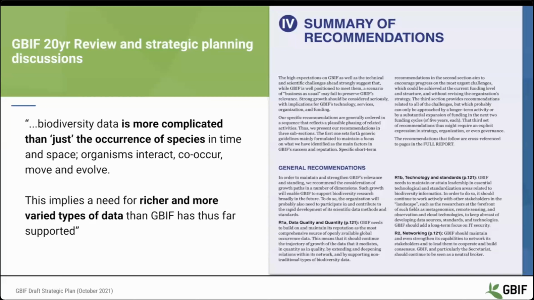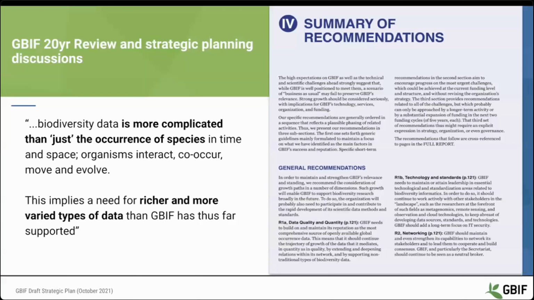In brief, the motivation stems from the GBIF 20-year review in 2020, which recognized that biodiversity data is more complex than just the occurrences of organisms. And with such recommendations as, one, GBIF should continue to mediate and build upon the most comprehensive set of biodiversity data available, that GBIF should attain and share leadership in essential technologies and its standards, and that GBIF should deepen relationships within the broader community.